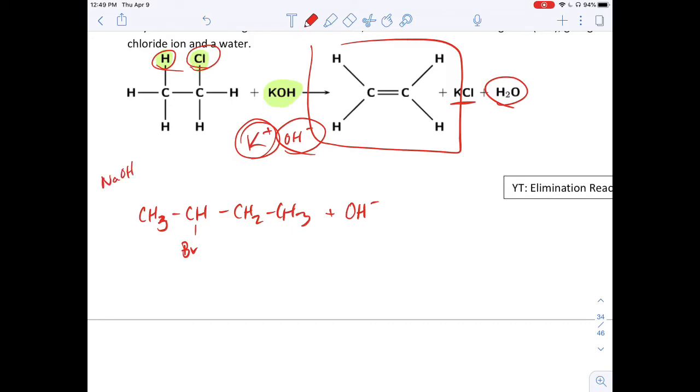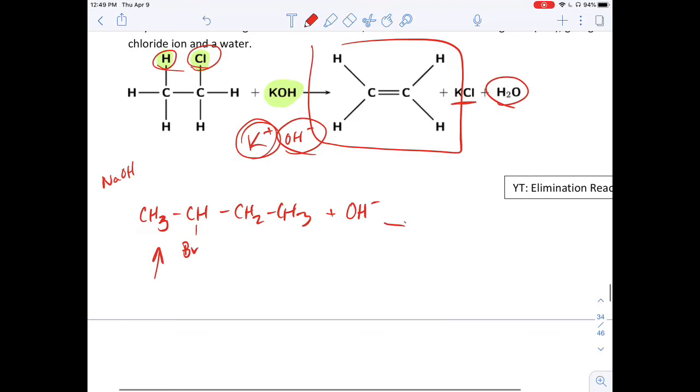The OH is going to bond to a hydrogen. So that hydrogen could come from here, and it would make a water, right? We're going to get a water produced from taking this hydrogen that's over here, and that bromide is going to come off. It would be attached to this sodium if we wrote it down, but if you've just written OH minus, it'll just be the bromide.